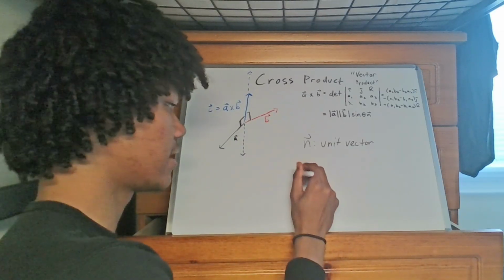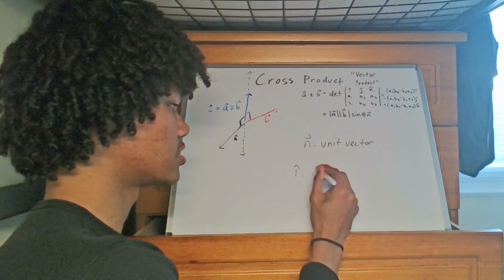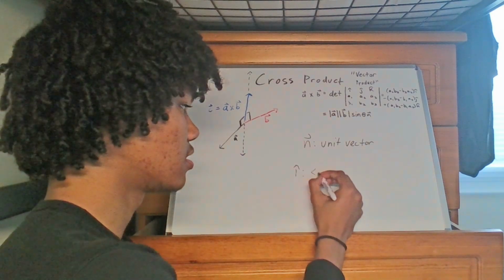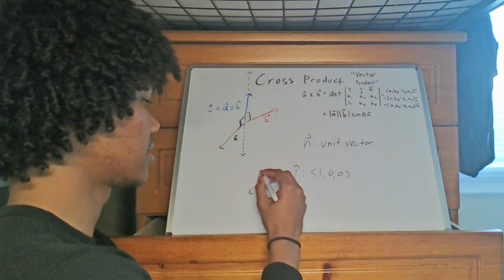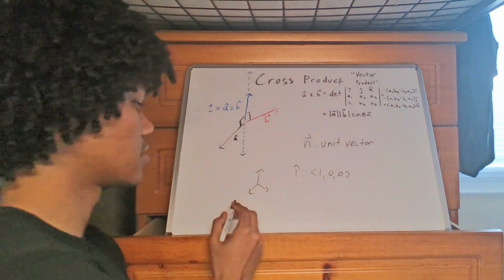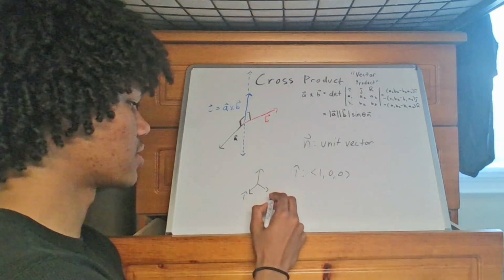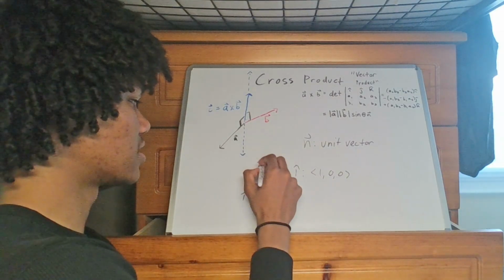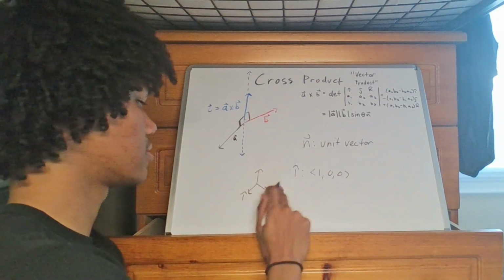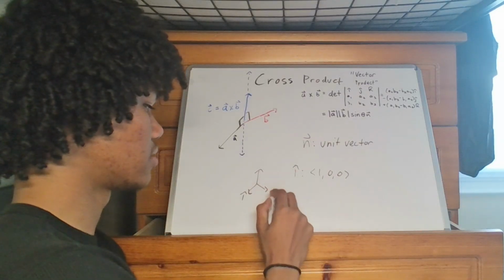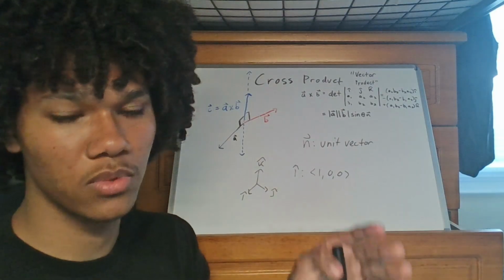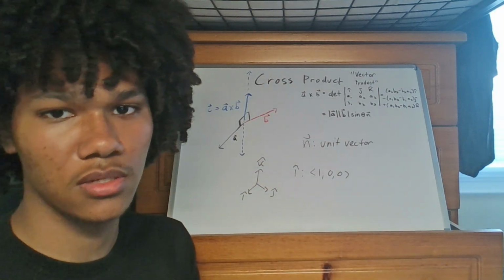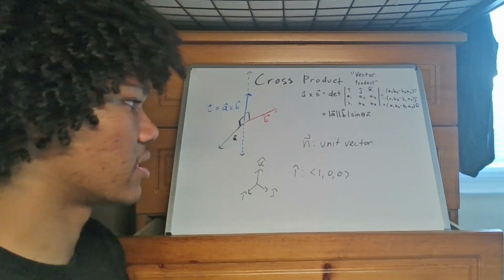So the vector I, which is in three-dimensional space, would be 1, 0, 0. That's the same thing as the x-axis, because if you let this be I, this be j, and this be k, these are each unit vectors which correspond to each of the Cartesian directions in 3D space.